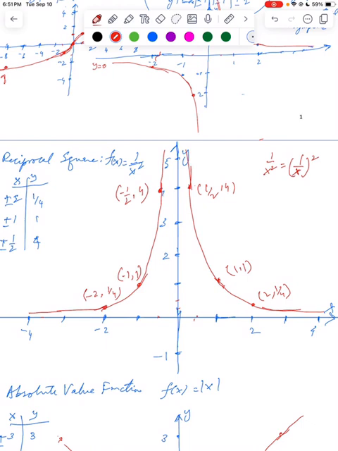When we take values, for example, at 1/2, we are getting 4. If I take 1/3, I'll get 9, and so on. So the graph is getting closer and closer to the y-axis. So we figure out that the y-axis is the vertical asymptote, and the x-axis is the horizontal asymptote of the graph.